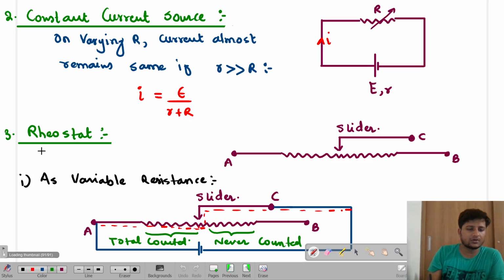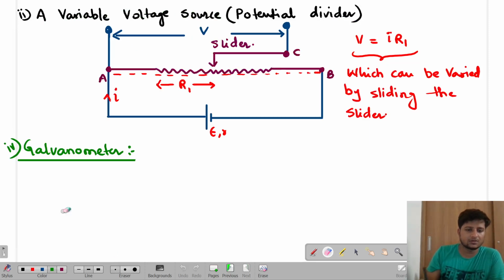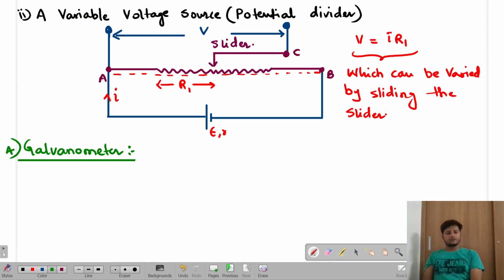Third was rheostat, and the fourth one is galvanometer. Can you tell me what is a galvanometer and for what purpose it is utilized? What is a galvanometer?